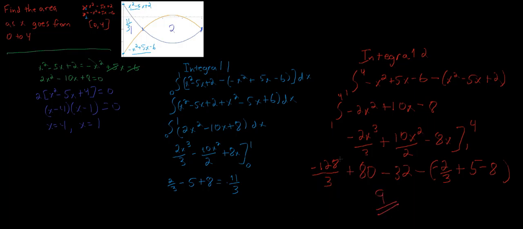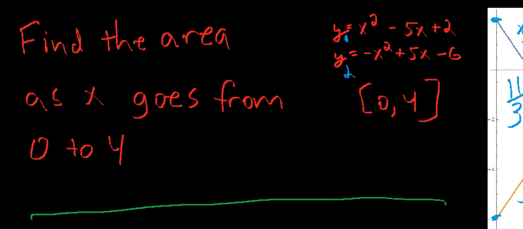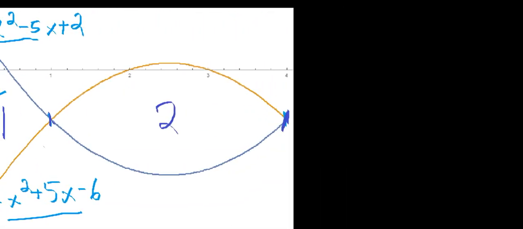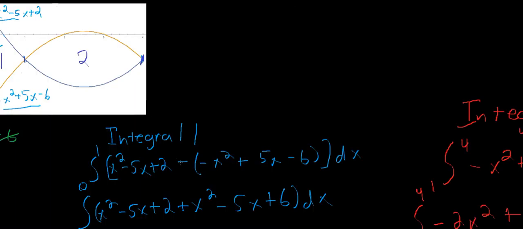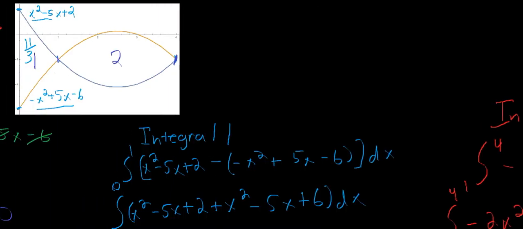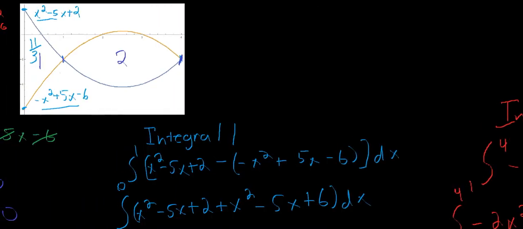Now that's not our answer either. We have to add both our terms. So A1, our first area, was 11 thirds.